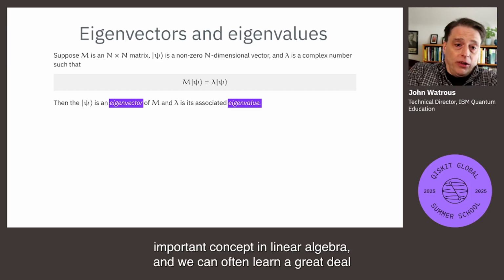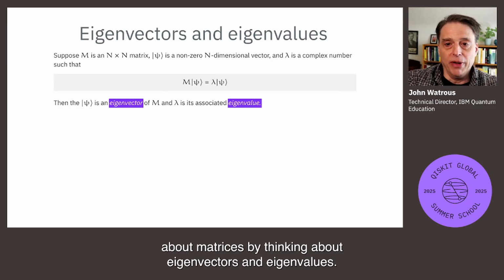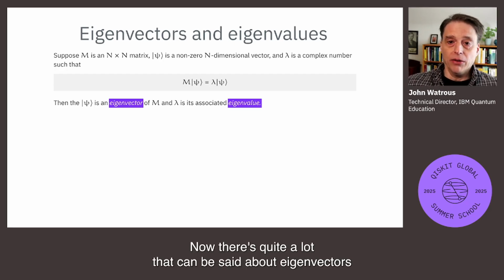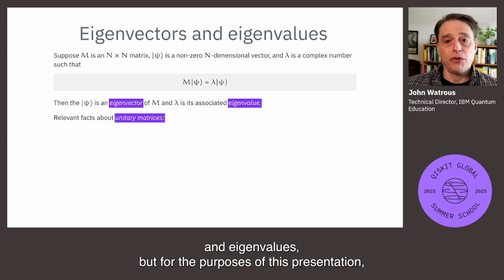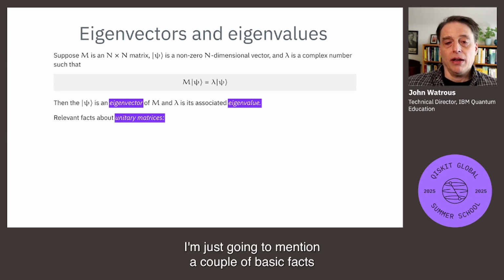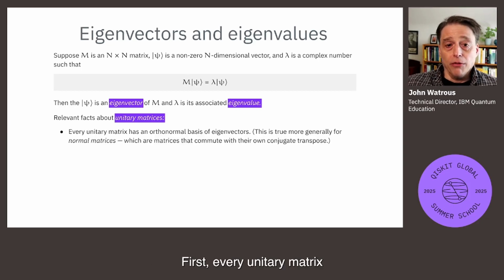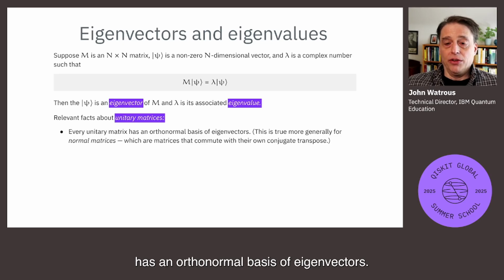This is a critically important concept in linear algebra, and we can often learn a great deal about matrices by thinking about their eigenvectors and eigenvalues. Now, there's quite a lot that can be said about eigenvectors and eigenvalues, but for the purposes of this presentation, I'm just going to mention a couple of basic facts concerning eigenvectors and eigenvalues of unitary matrices. First, every unitary matrix has an orthonormal basis of eigenvectors.